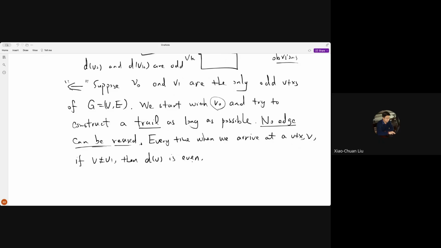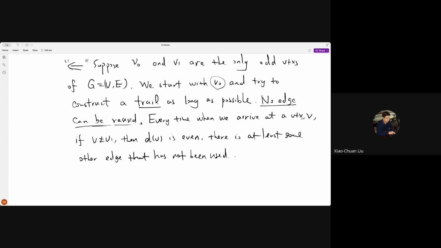Is it clear? So there is at least some other edge that has not been used.